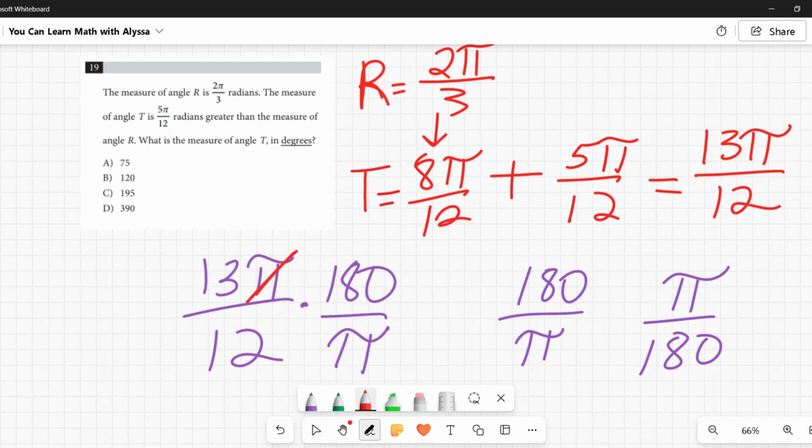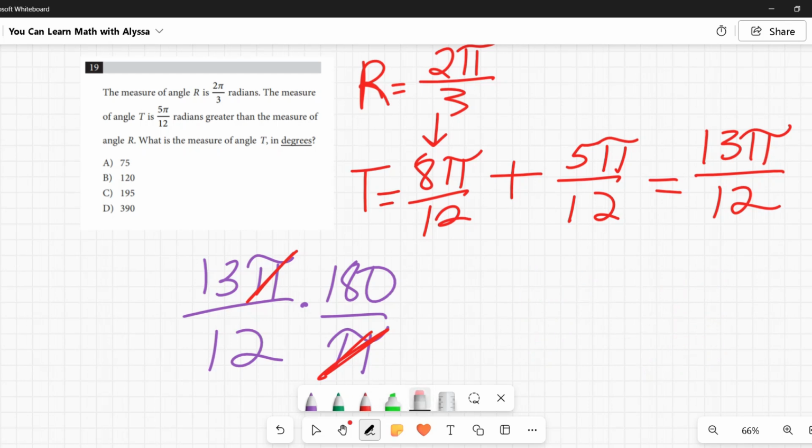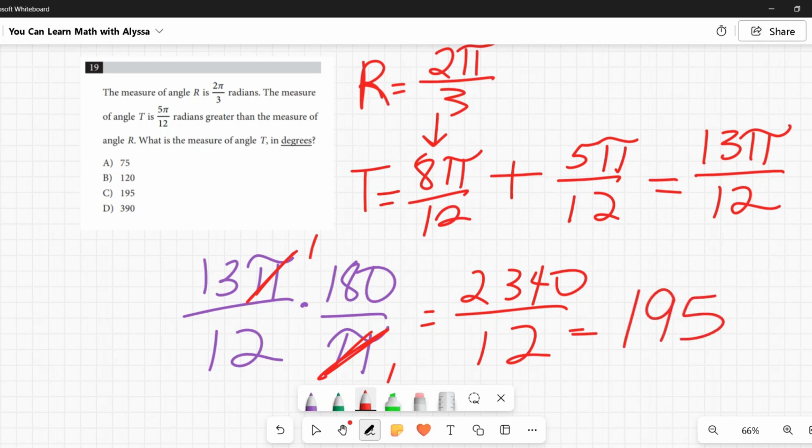Then the pi's cancel out, and the number I'm going to get is going to be pretty big because it's 13 times 180, and then you divide that by 12. So 13 times 180 is 2,340, and then 12 times 1 is 12. When I divide 2,340 by 12, I get 195.